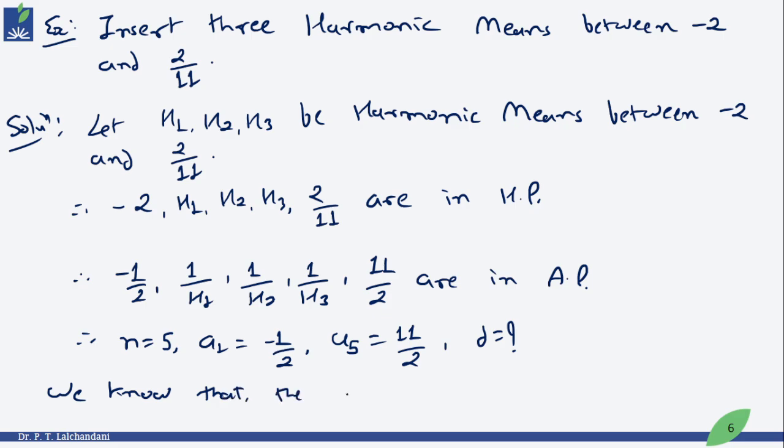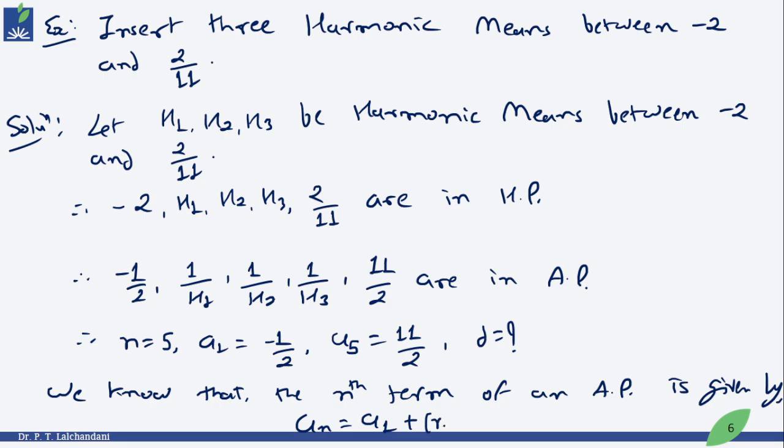We know that the nth term is given by an is equal to a1 plus n minus 1 into d. Now you have the value of n, the value of an, and the value of a1. Putting all these values in this formula, you will get the value of d.